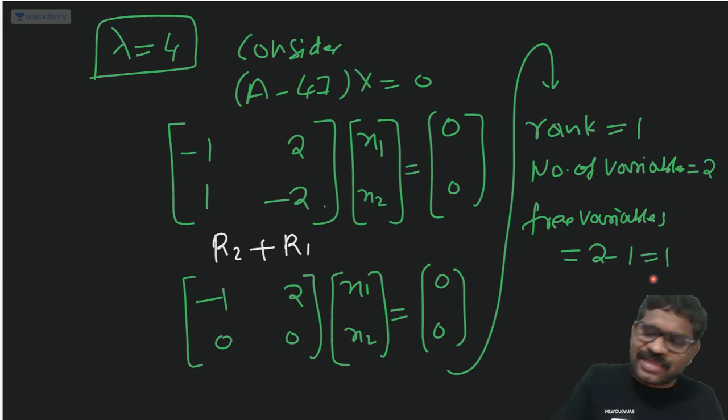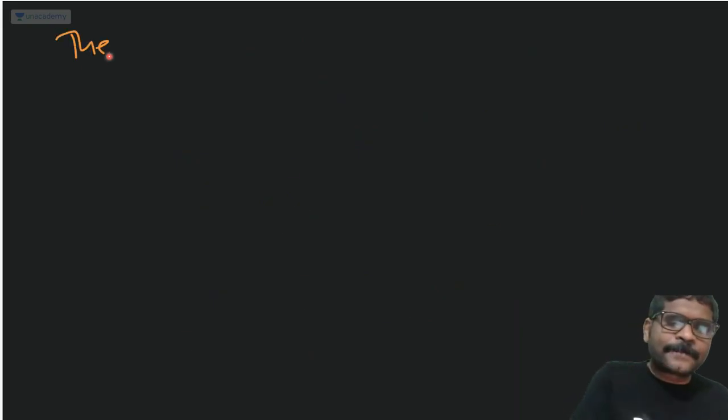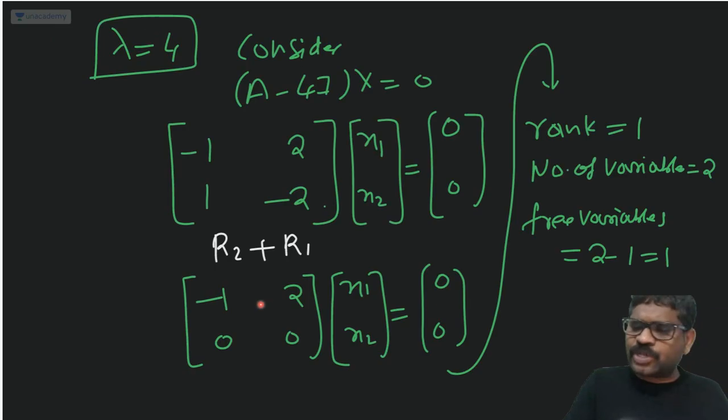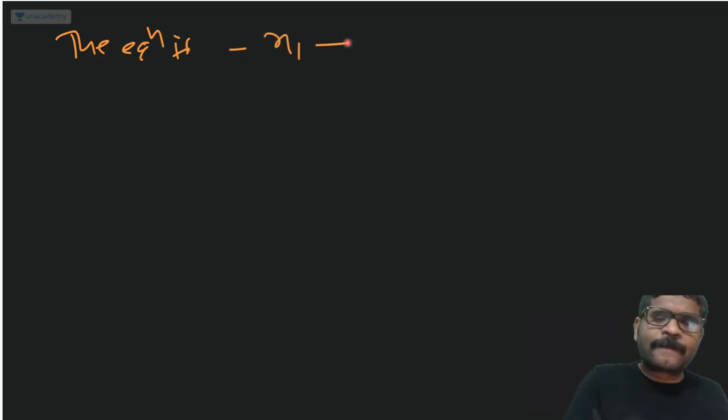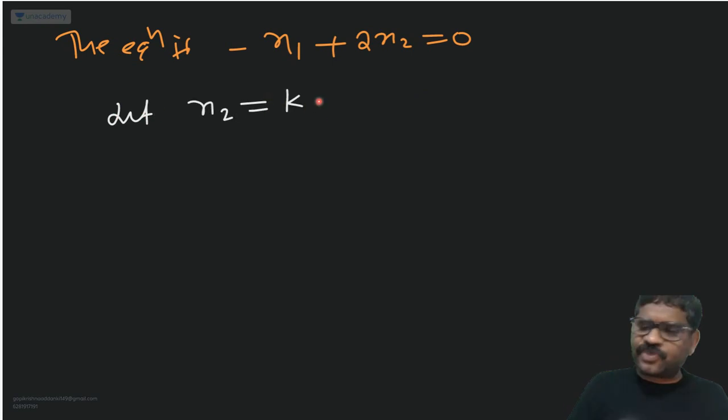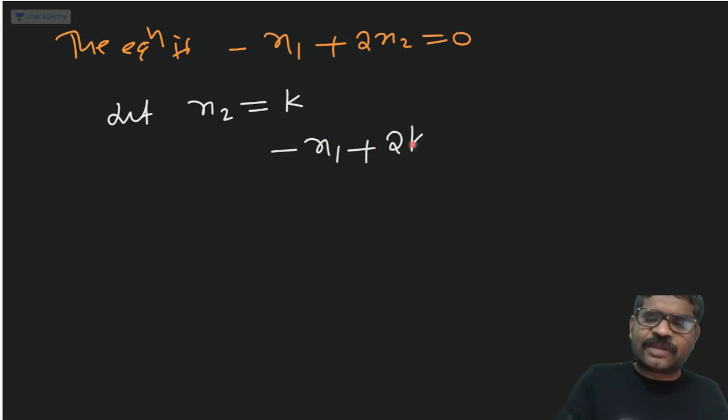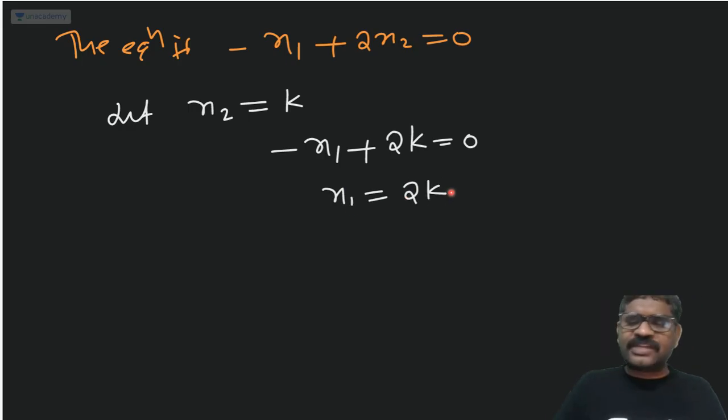Now the equation is, the first row is the non-zero row, minus x1 plus 2x2 equal to 0. Let us take one variable as k, because one variable is a free variable. So let us take x2 equal to k. Therefore, minus x1 plus 2k equal to 0, x1 equal to 2k.